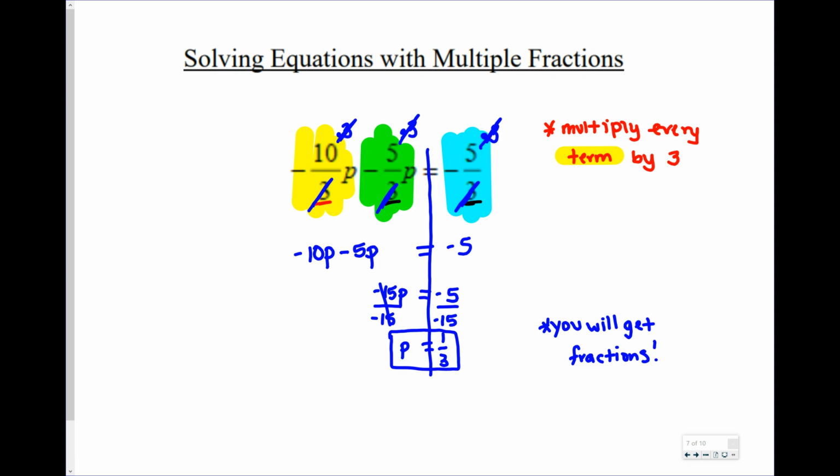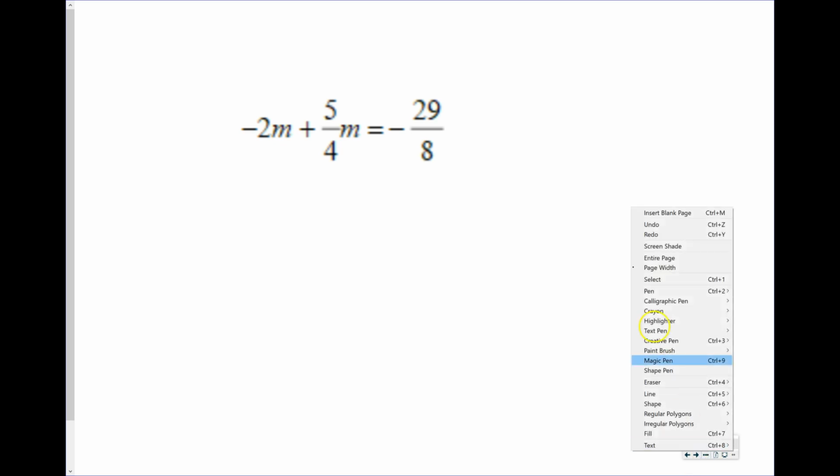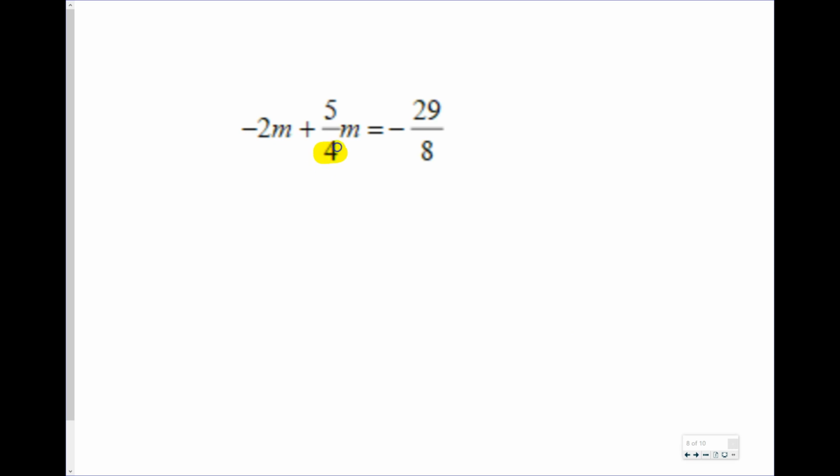Now, the last step that is tricky is what happens if my denominators are not the same. And this is the hardest part about this. Do you see I've got a 4 and an 8? Well, if I multiply everything by 4, the 4's cancel out, but that won't cancel out the 8. So we have to use a little bit of thinking, and we have to think about a common denominator.